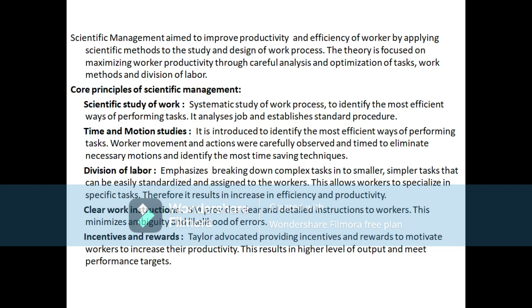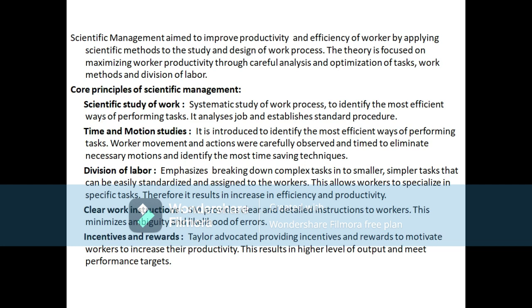For example, if we take manufacturing of a phone, one individual may prepare the battery, one individual may prepare the screen, like that. So each and every task is divided.